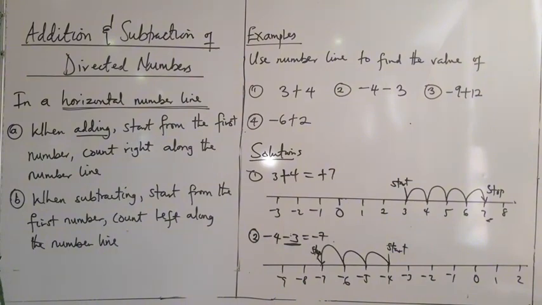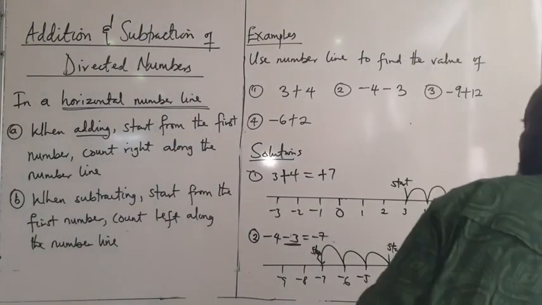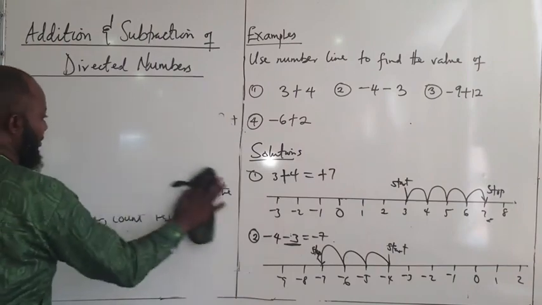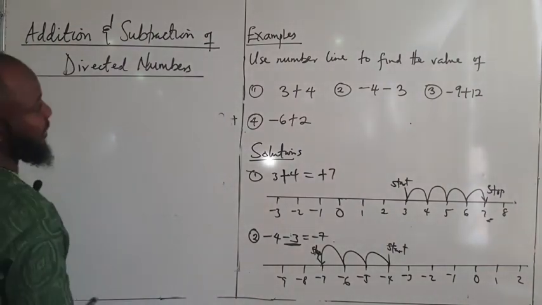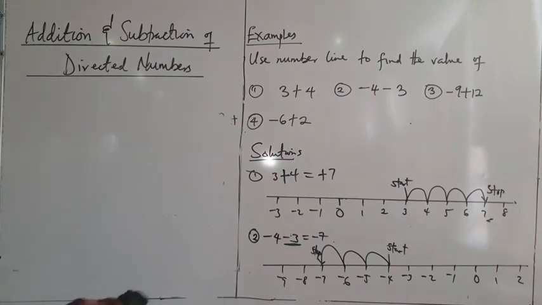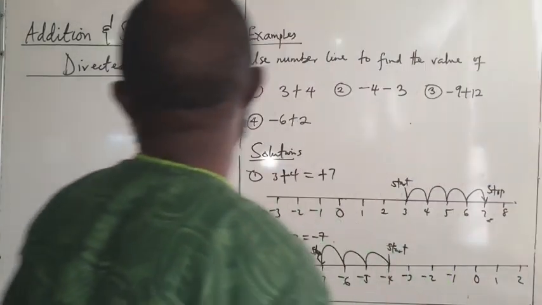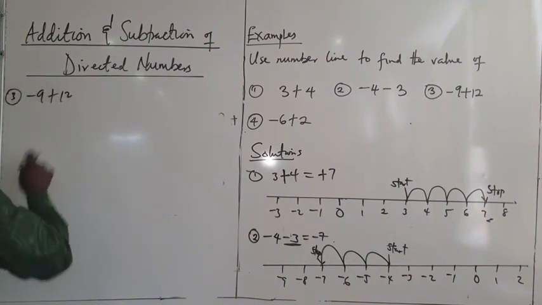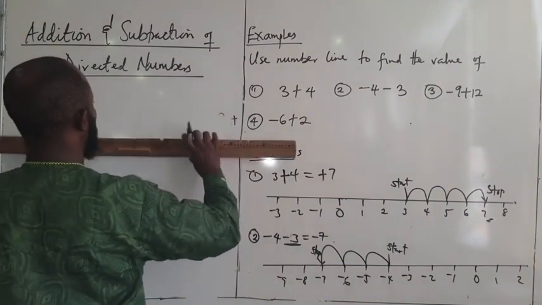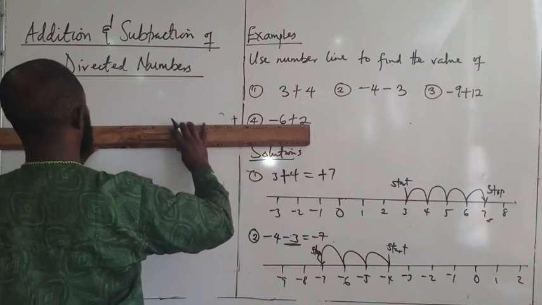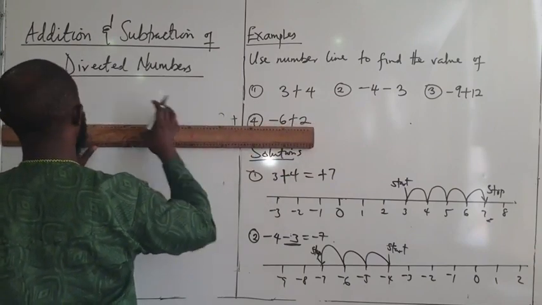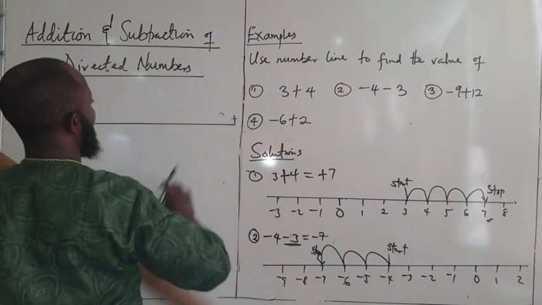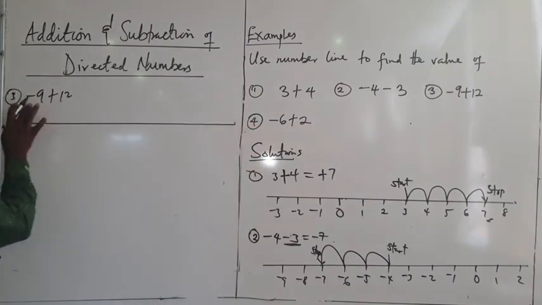Alright. So for question number 3, we have minus 9 plus 12. So draw a number line again. The first number we have there is minus 9.